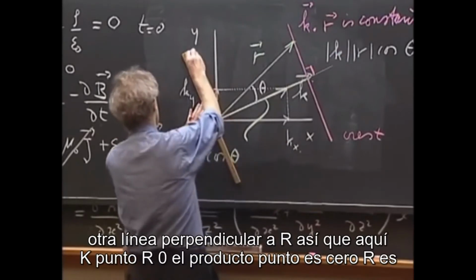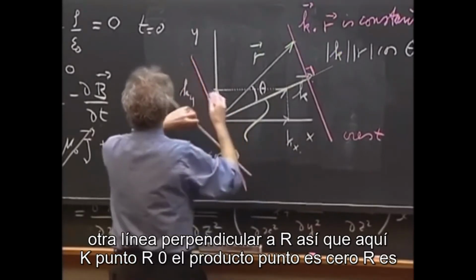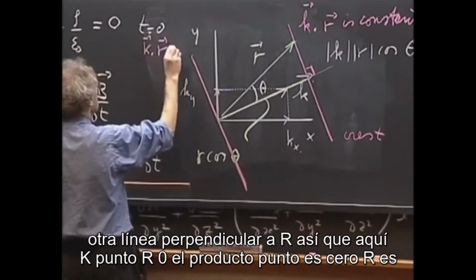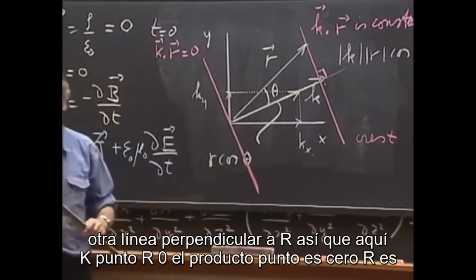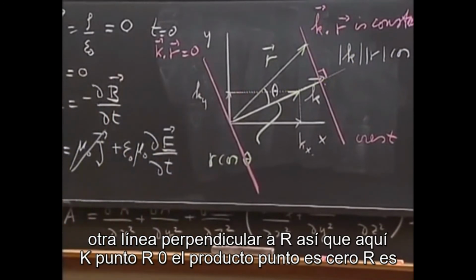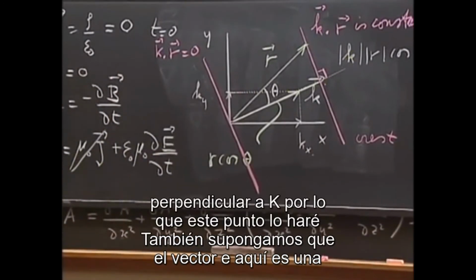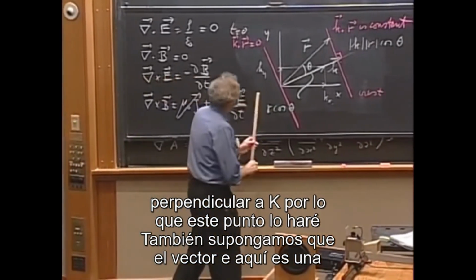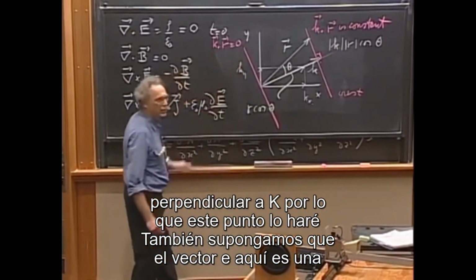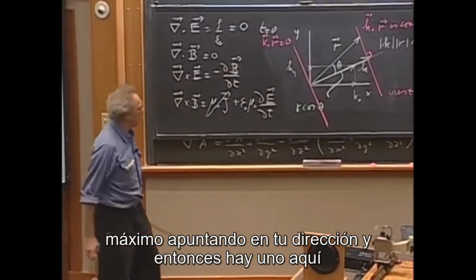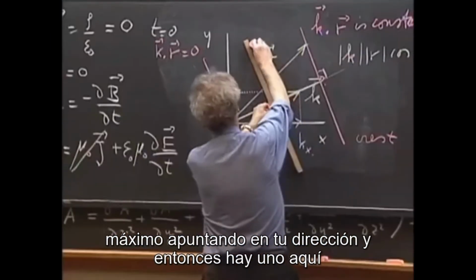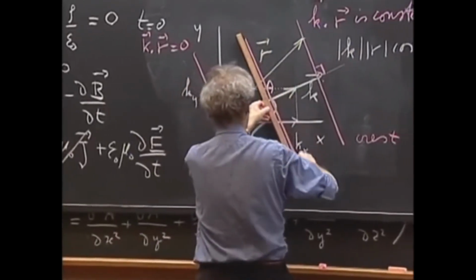And here, I draw another line perpendicular to k. So here, k dot r is 0. The dot product is 0. R is perpendicular to k. So this point, I will also assume that the E vector here is a maximum pointing in your direction, and then there is one here.